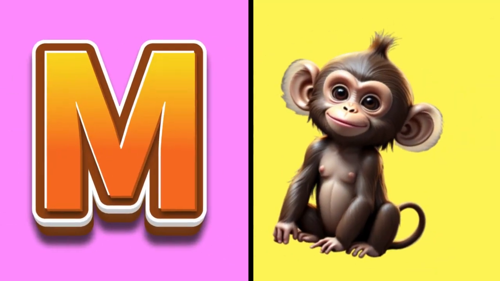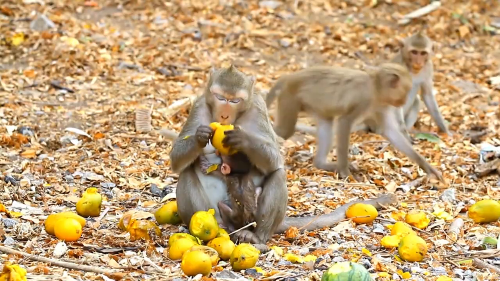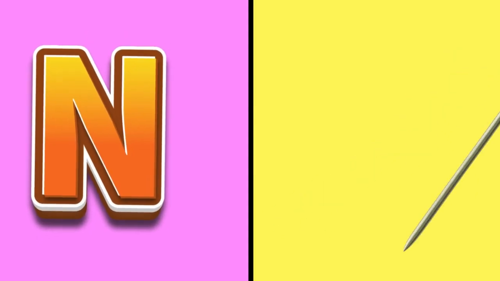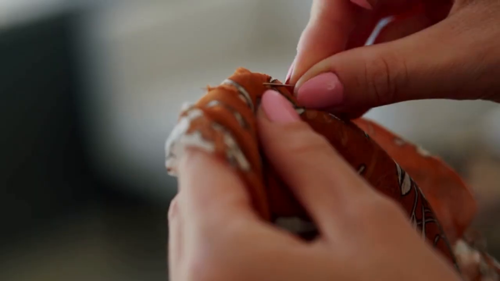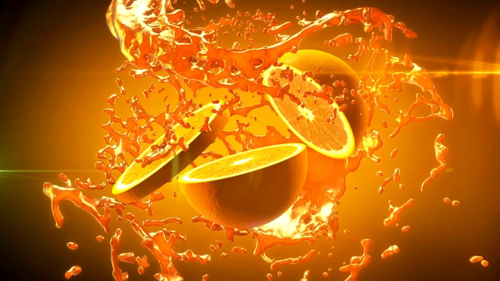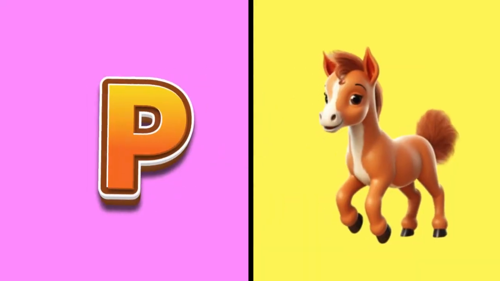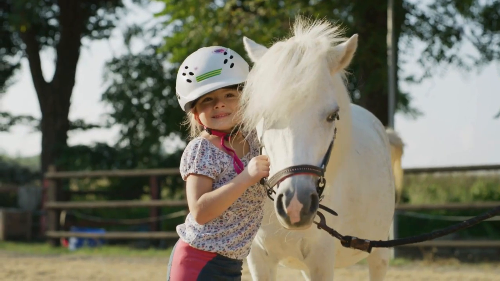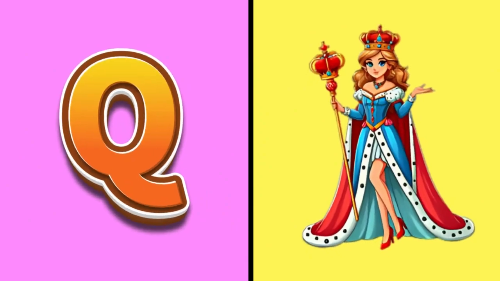M is for monkey. Monkey. N is for needle. Needle. O is for orange. Orange. P is for pony. Pony. Q is for queen.